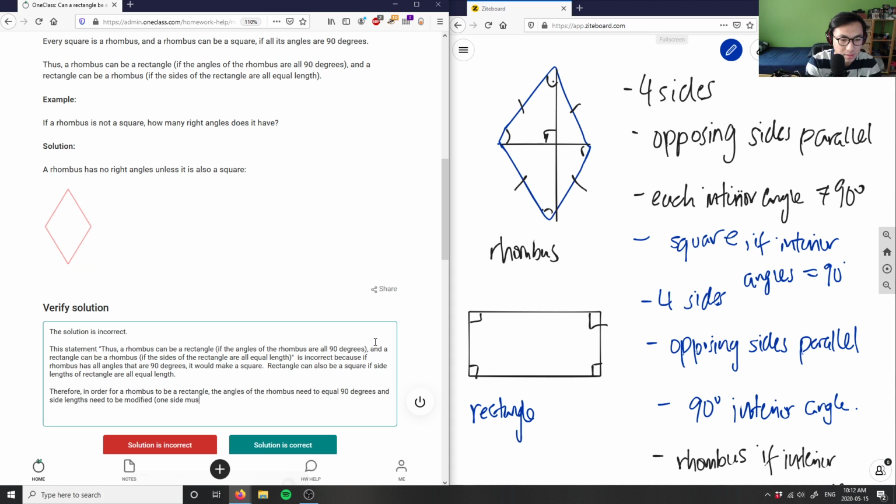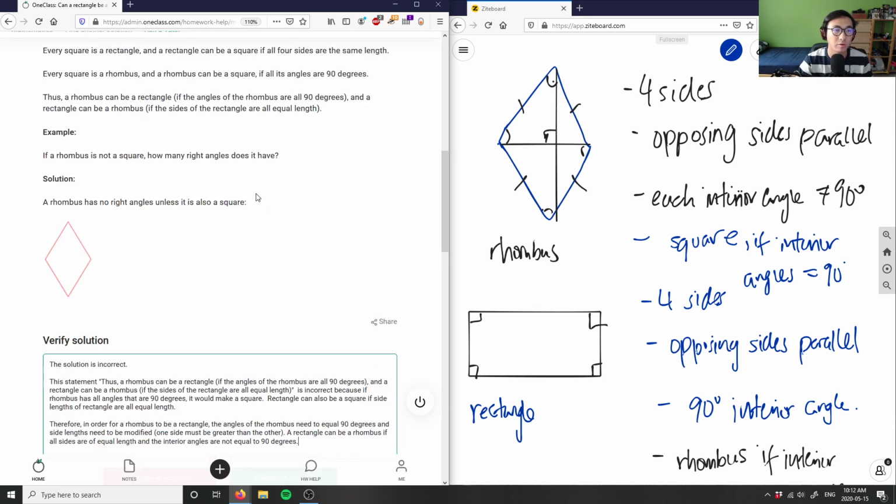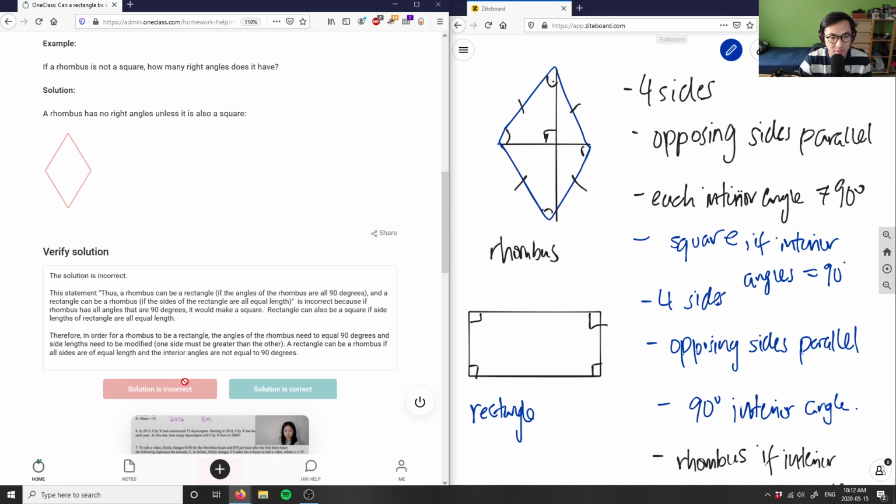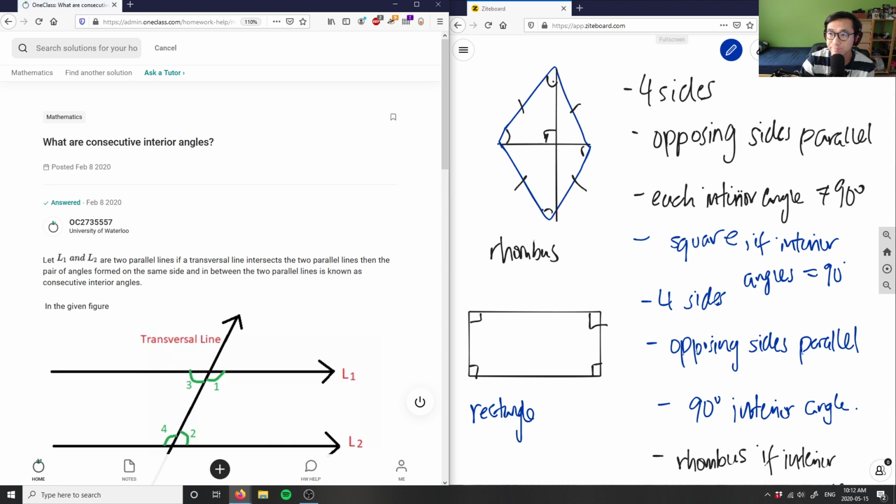One side must be greater than the other. And I'm going to say a rectangle can be a rhombus if all sides are of equal length and the interior angles are not equal to 90 degrees. So this solution here is incorrect because their statement here is false here. So the solution here is incorrect.